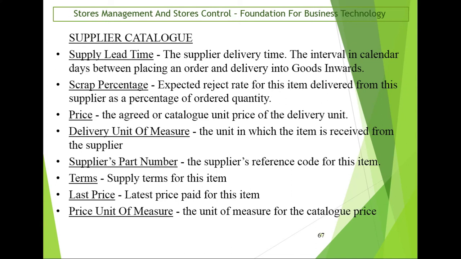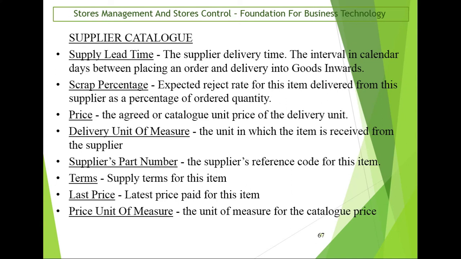Then there are other suppliers that you will know they never have any scrap because of the way they also handle the stock. Then for that supplier, we need to specify what is the agreed or the catalog price for that specific unit. And then the delivery unit of measure.